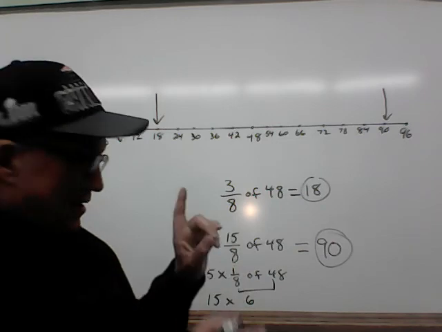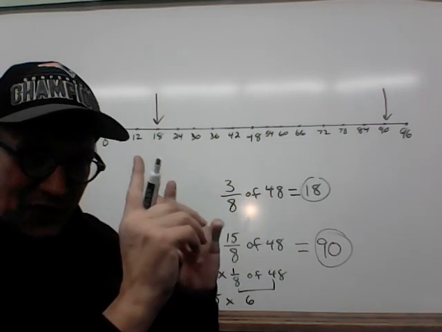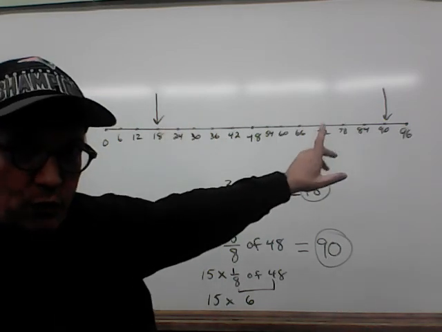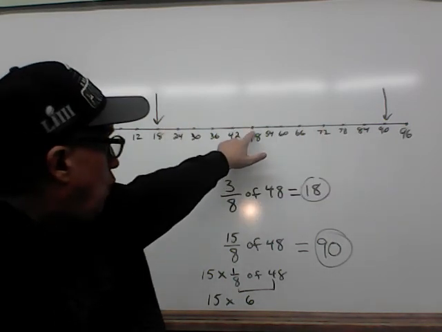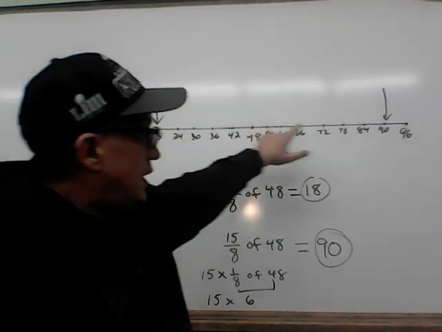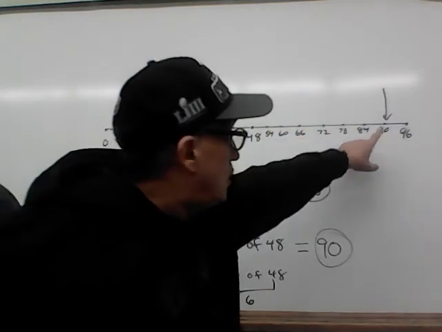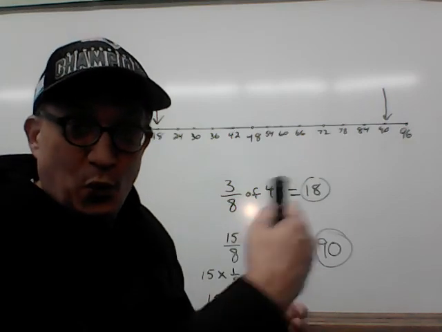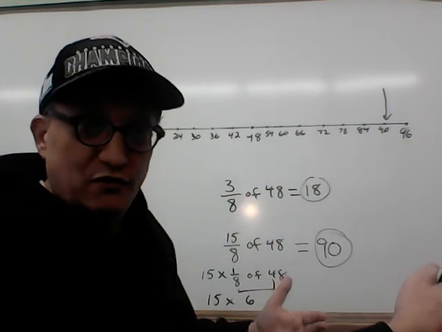Okay? Now, this is a connection you can make. When this number line was originally a 1 here instead of the 48 and a 2 here instead of the 96, what was that number? The 1/8 before the 2 was 15/8, right?